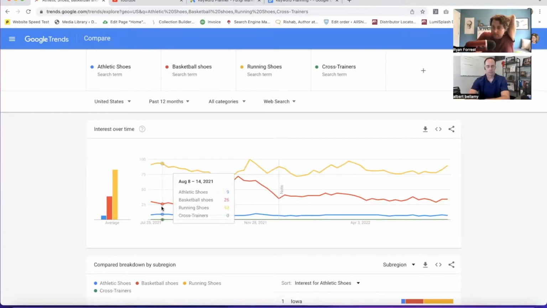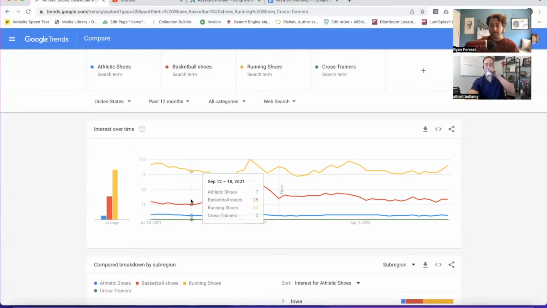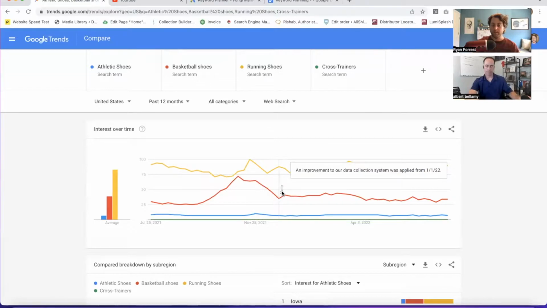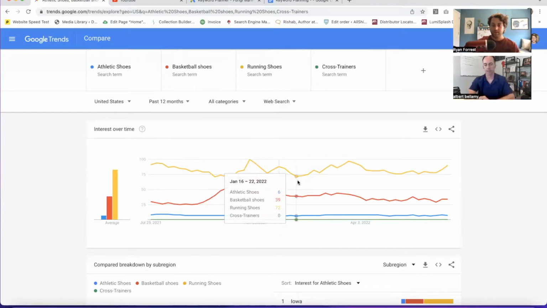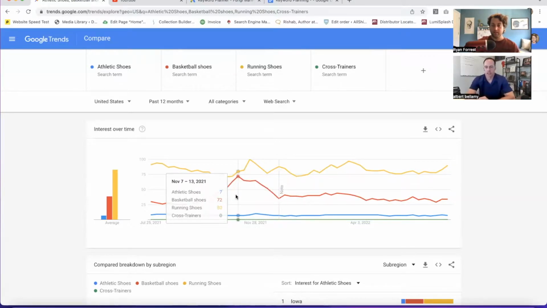And what I would say with this, and it's just a rudimentary example, right? We're not athletic shoes experts, but if I owned a company that sold these types of products, I would want to know in general which ones to prioritize. So it looks to me like seasonality.